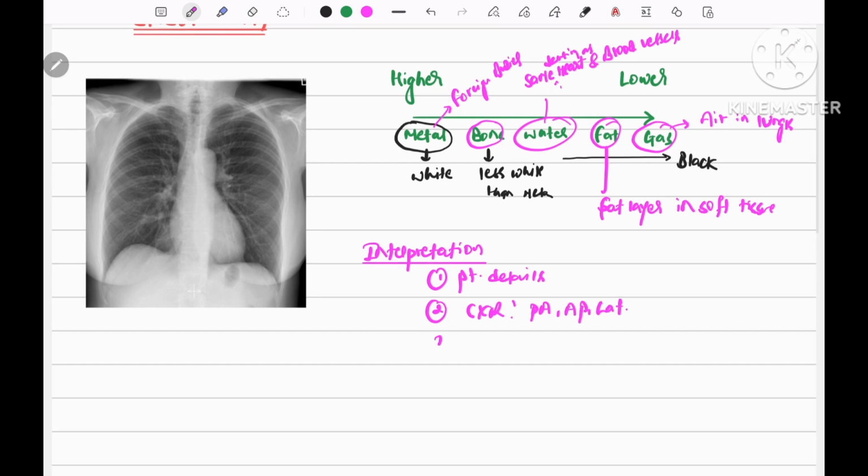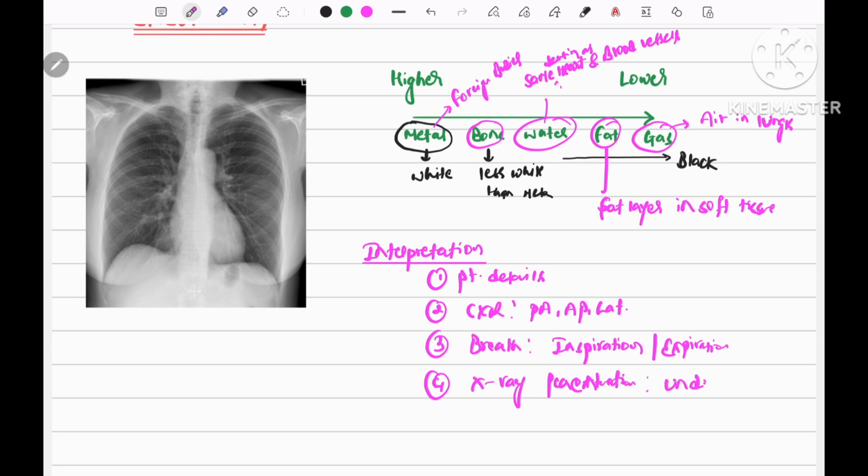Third, we have to know whether the X-ray is taken on inspiration or expiration; we will learn about that in detail. And fourth, we have to know about the X-ray penetration, whether it is under-penetrated or over-penetrated. These are the four things which we have to know in detail.